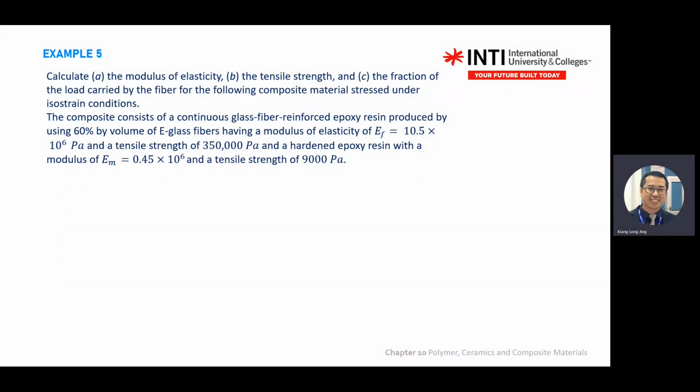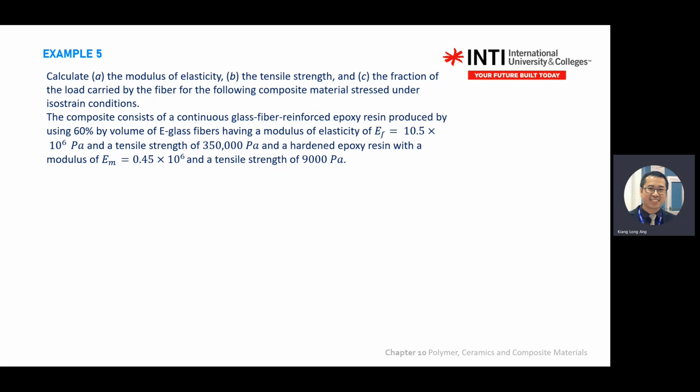You'll be seeing in your coming test or final exam, especially for chapter 10 composite questions, you won't see any diagram. You don't see any picture. There's only a statement, right? In this example, you need to calculate the modulus of elasticity E, the capital E, or modulus Young.